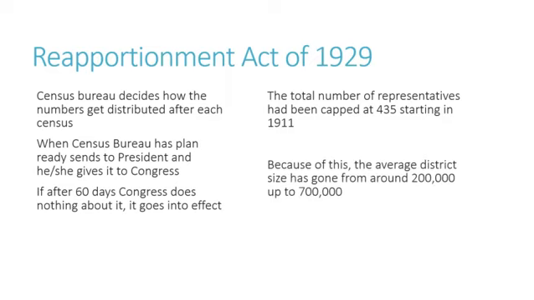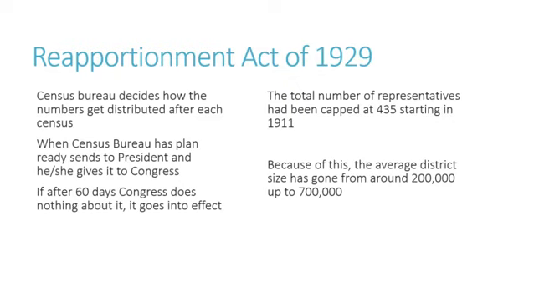Because of this, the average district has gone from 200,000 people to about 700,000 people. Think about what the population was in 1911 compared to now in 2018. Obviously we have a much bigger country now. We are into the hundreds of millions of population.